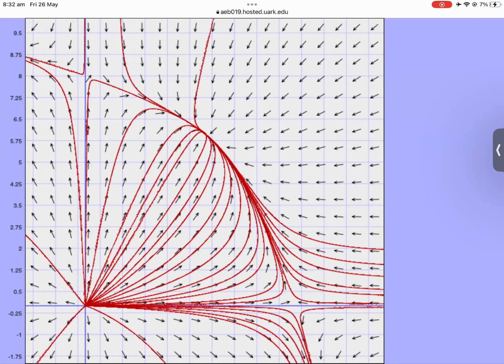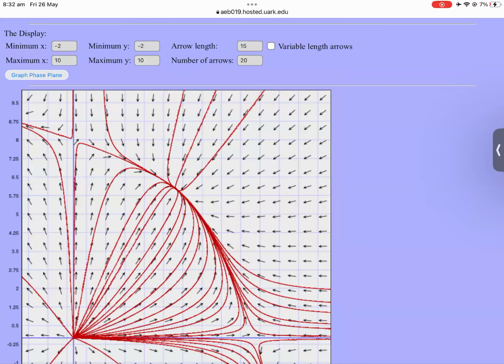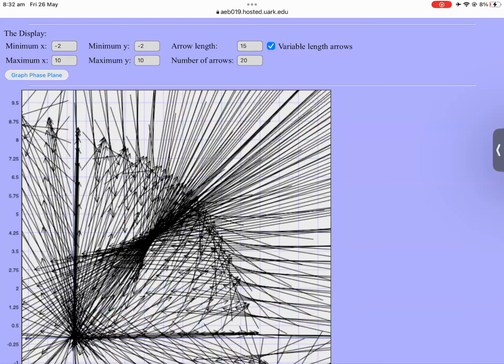So maybe here as well. The lengths of the variables, this one. Oh, what's this? So we really don't like this.